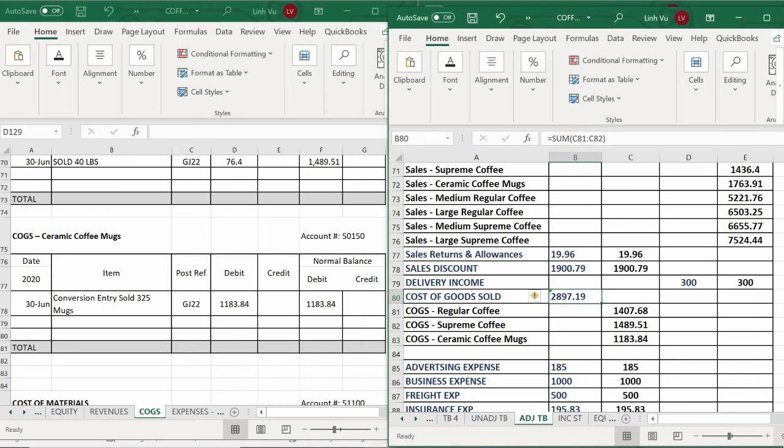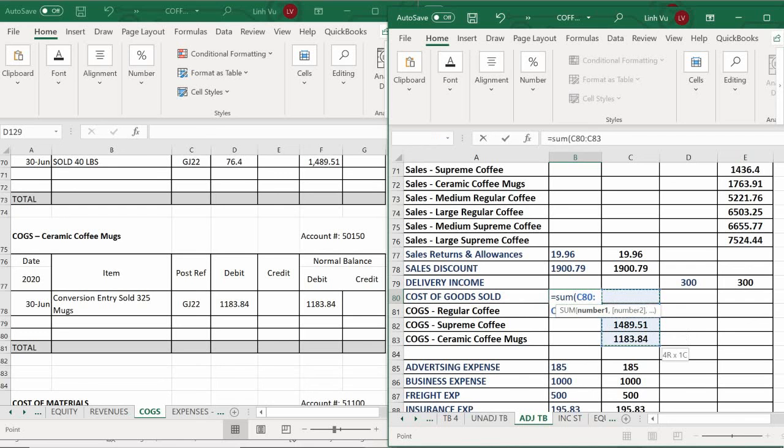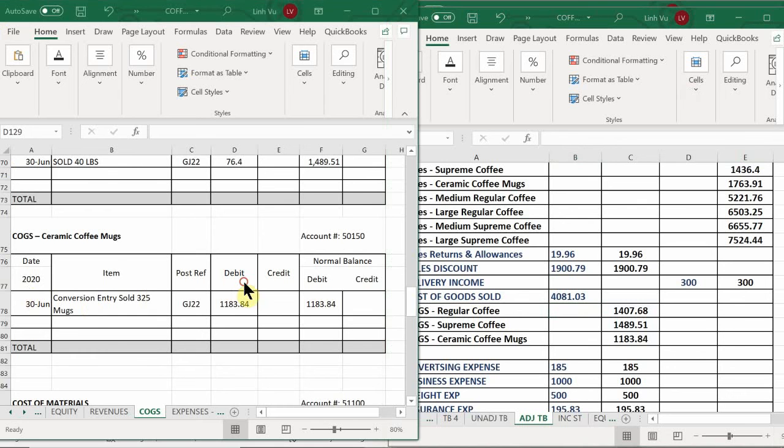Since that's part of the cost of goods sold section, we add all three numbers to get $4,081.03 worth of cost of goods sold.